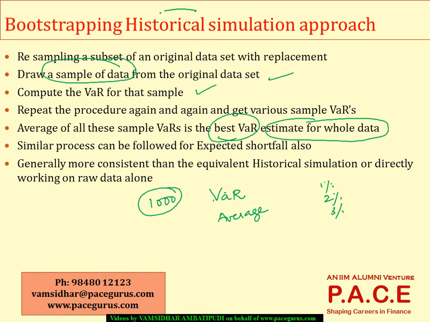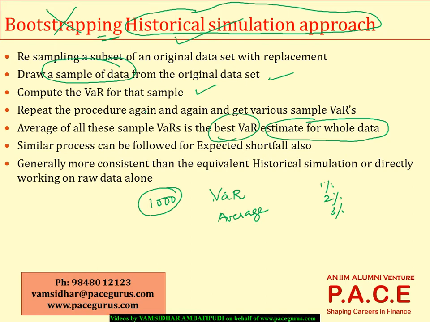So we are doing the historical simulation only, but from the original data set. If I am not bootstrapping, what happens? I take the entire data set at once, arrange the data in ascending order, and pull out 1% or 5% of the values. Whereas when I am bootstrapping, I am repeating the same experiment n number of times, pulling out the values, and averaging on those values to arrive at my value at risk or expected shortfall.